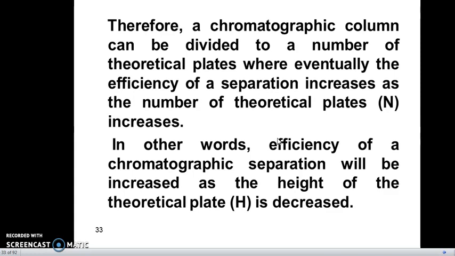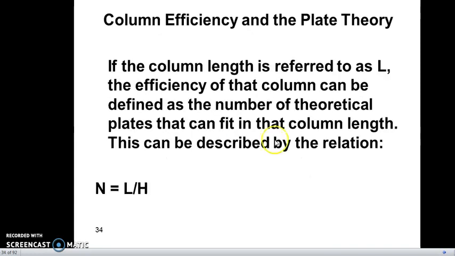If the height is high, the separation is less. If the number of theoretical plates is high, there is a great separation, but with a low number of theoretical plates, there is less separation. So in this way, now the second thing is to find out the column efficiency and the plate theory.